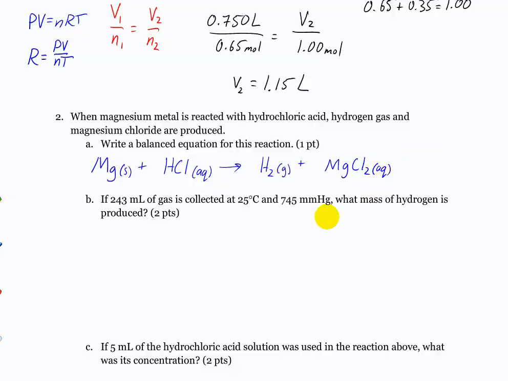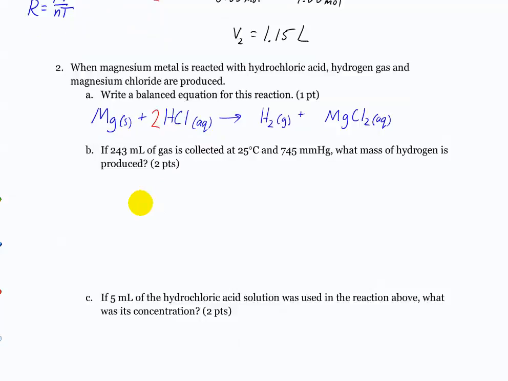Okay? Is that balanced? No, what do we have to do? 2 HCl. Then we're good? Okay, great. If 243 mLs of gas is collected at 25 C and 745 millimeters mercury, what mass of hydrogen is produced?